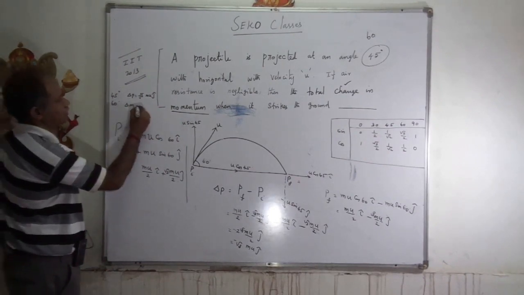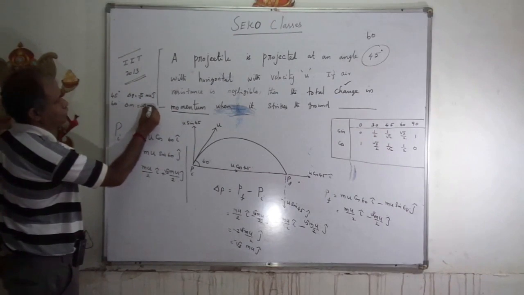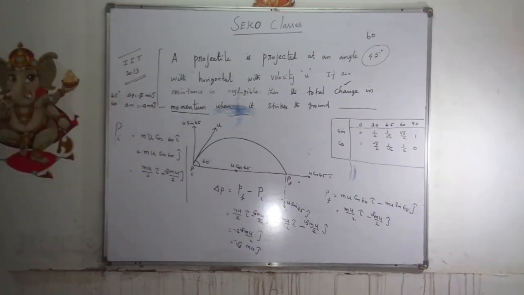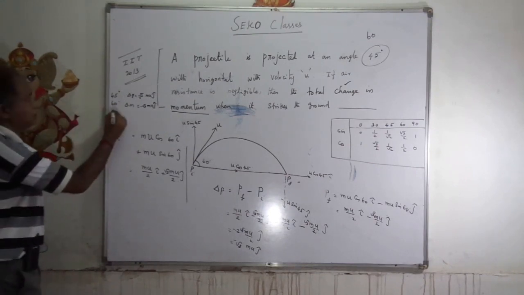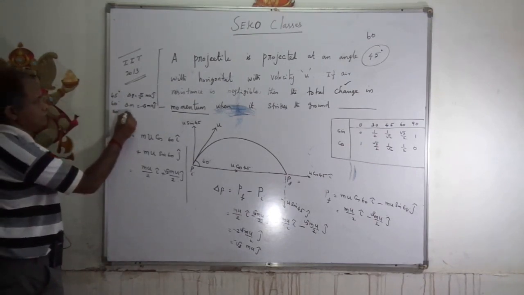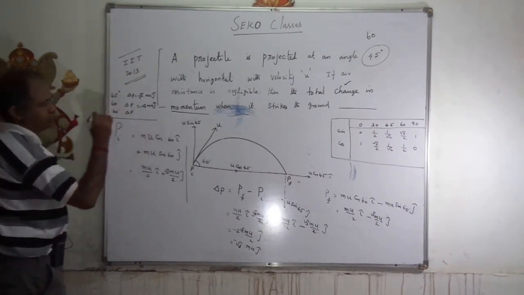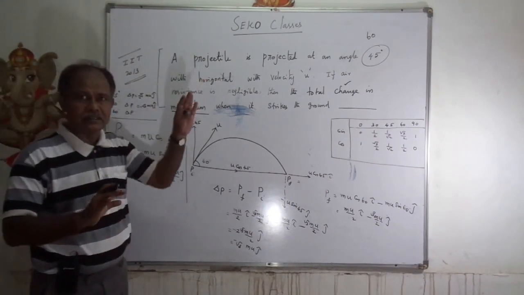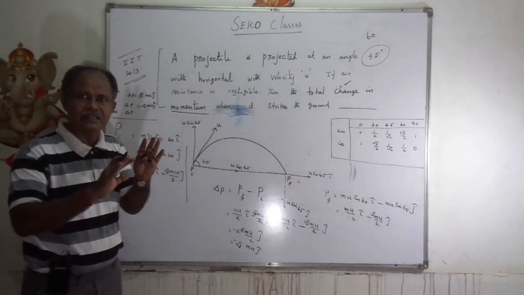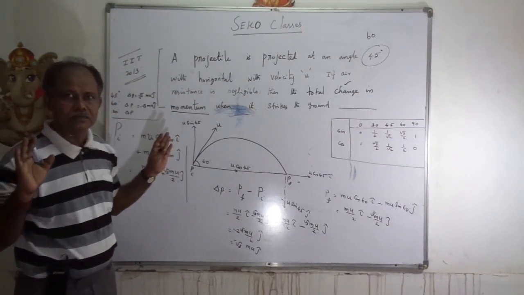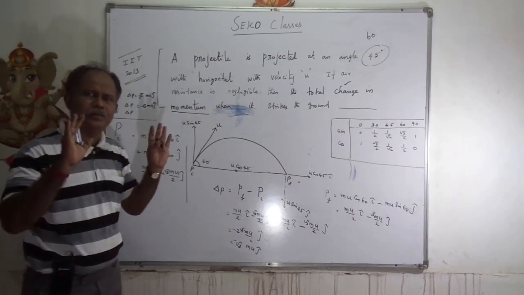That is, for 60 degree, minus root 3 mu j. The same manner you can find the 30 degree change in momentum. We can find it for the same problem. This same problem leads to 3 different types of problems for you. Okay? What about the shortcut method?